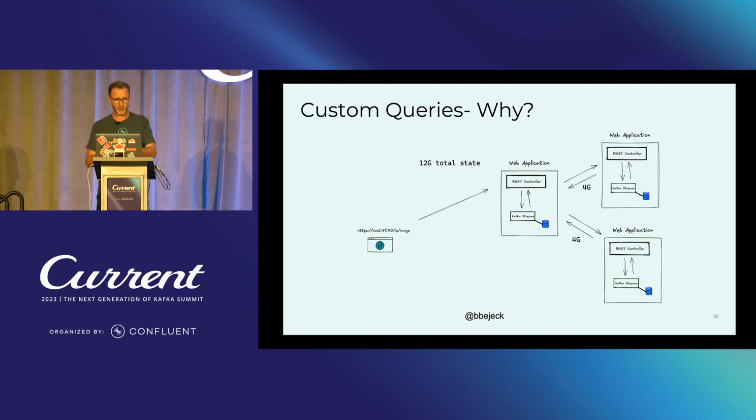So you send your range query, and we need to issue the range query against each instance, which means you're going to need to pull back from each other member of the group 4 gigs of data. And let's say you're looking for a specific subset of records, that means you're pulling 4 gigs from each one across the network just to do some filtering.